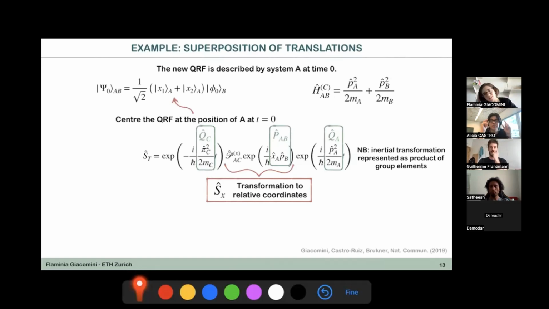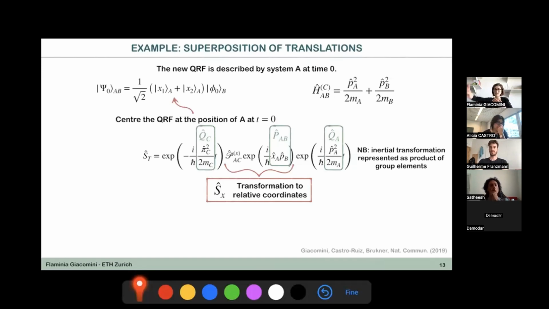Okay, but there are still three systems here, right? A, B, and C. So this is the Hamiltonian from C. C does not describe itself.